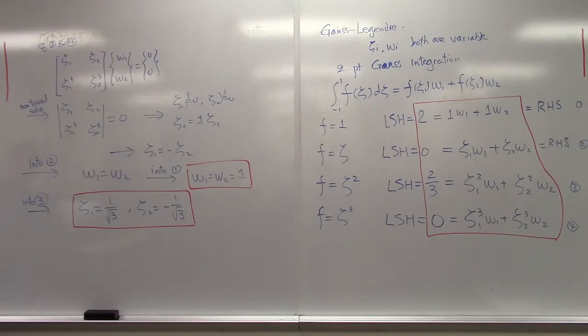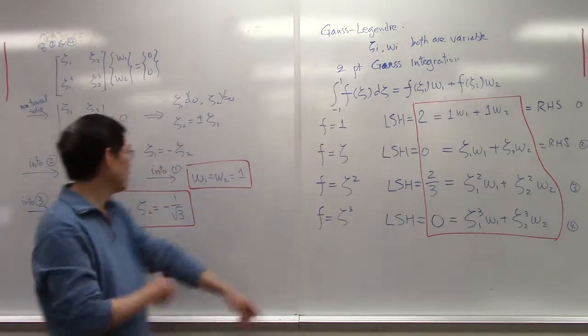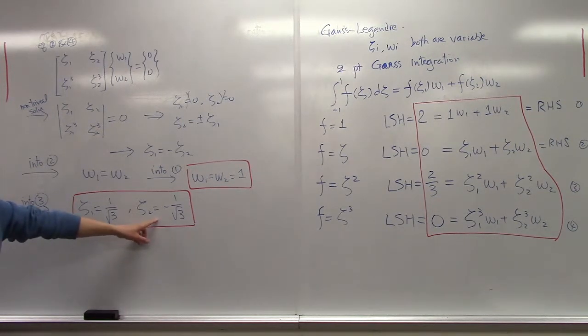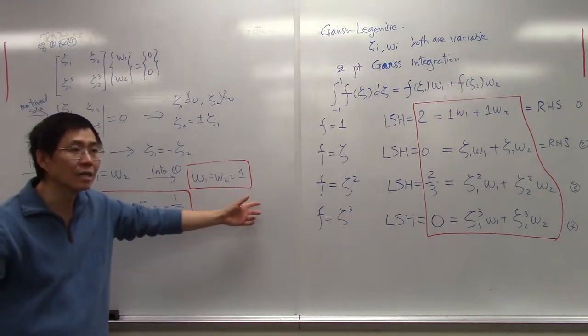This is the Gaussian integration. It tells us that when you try to integrate something using 2 points, the most efficient way, as far as the best accuracy with polynomials is concerned, is to select a point at positive 1 over root 3, another symmetric point at negative 1 over root 3, with the weight function being 1.